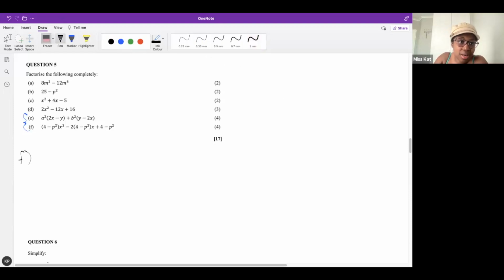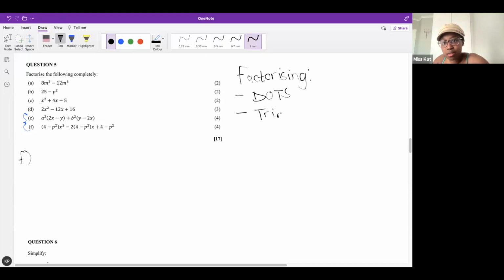Common factor. What other ones do we know, guys? Thank you, Kwezi. Let me do this. Factorizing. Okay. Dots, which is difference of 2 squares. Okay. We have trinomials. Okay. And then you said common factor.